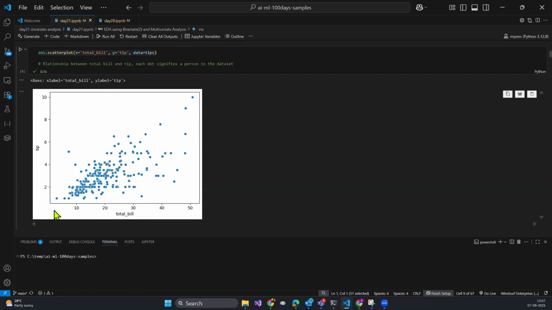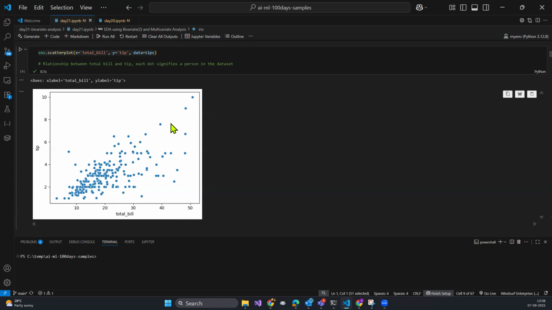The x-axis shows the total bill amount, and the y-axis shows the tips. As we can see, as the bill amount is increasing, the tips are also increasing, right?